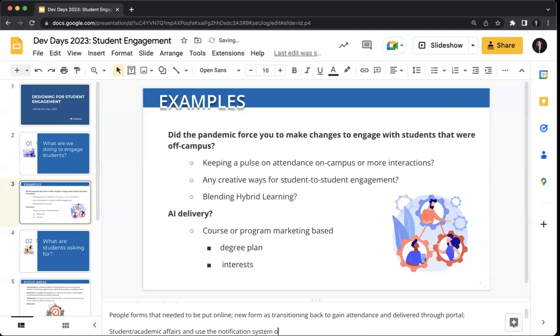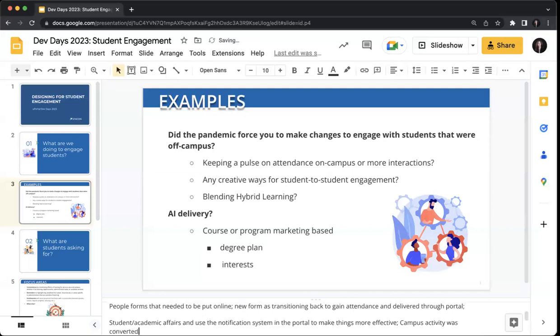Some of it was the vaccination policy, what to do for medical leave. Another interesting item was from student affairs about campus activity. During the pandemic, all the activity, including the clubs, was converted into online, virtual activity, and the students were not aware of it. So they reached out to us asking how to engage students virtually, so they know there are still events going on.